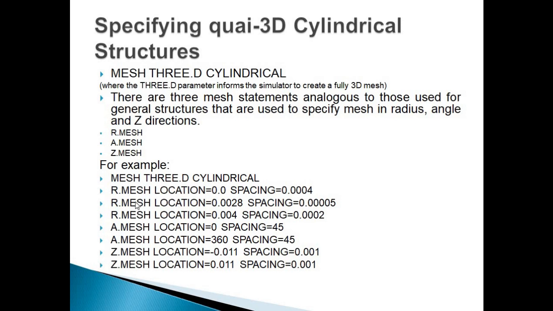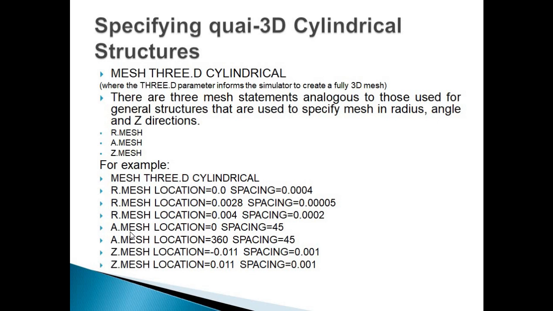In the example, you can see we have defined mesh 3D cylindrical, meshing in three forms: r.mesh, a.mesh and z.mesh. Here the r.mesh lines are similar to the familiar x.mesh, y.mesh and z.mesh, except that r.mesh location and spacing are radial relative to the z axis in microns.